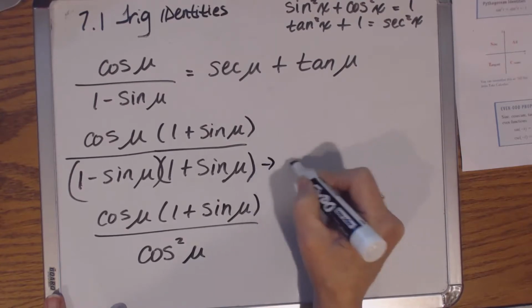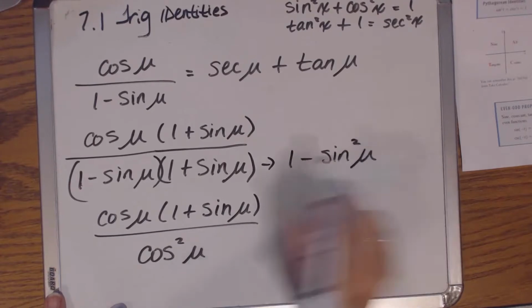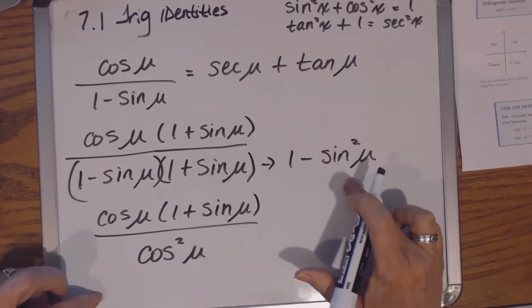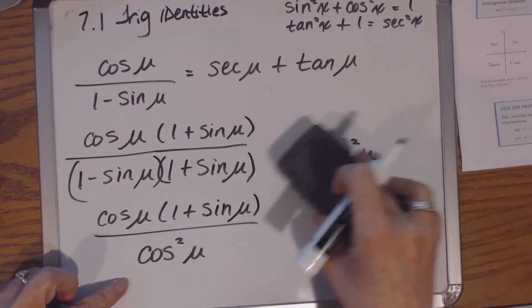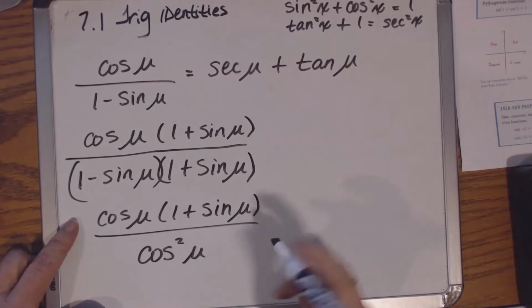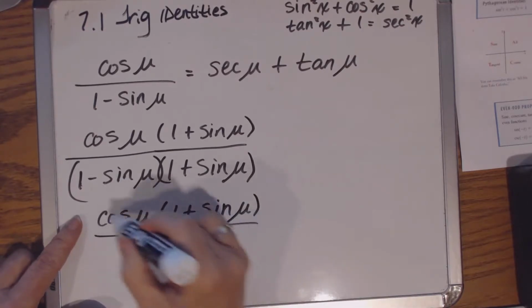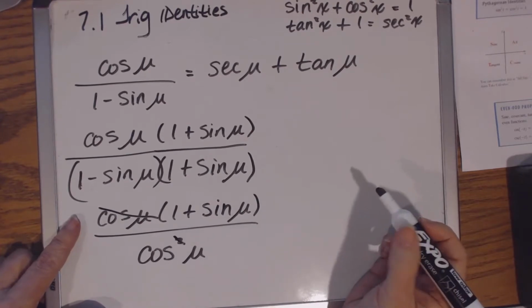I'm going to make sure this is really clear. This is going to be 1 minus sine squared of u. This is a difference of squares, which will give me this, and I'm going to swap it for this identity here, okay? Okay, well, now I'm glad I left this in factored form because I can cancel one of these cosines with one of these squares, all right?